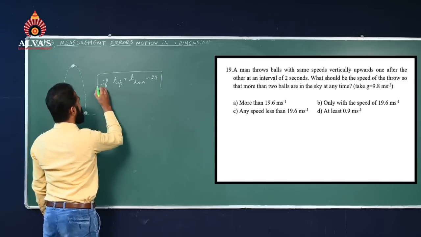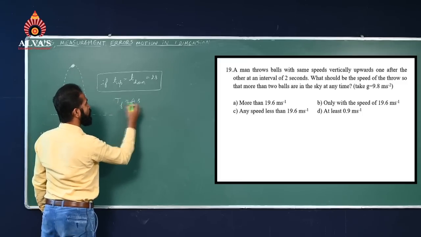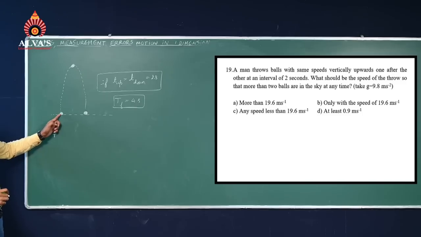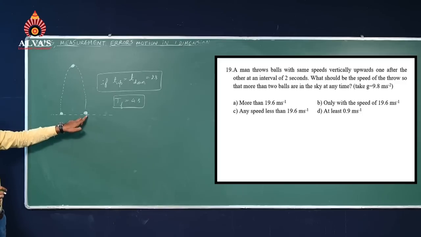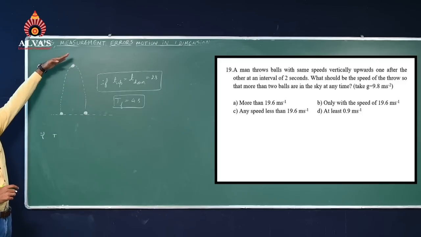So this picture is correct only if the total time of flight TF is equal to 4 seconds. Then one ball will be in the player's hand, one ball is at the maximum height, and one more ball has once again reached the ground. So effectively there is only one ball in the air.